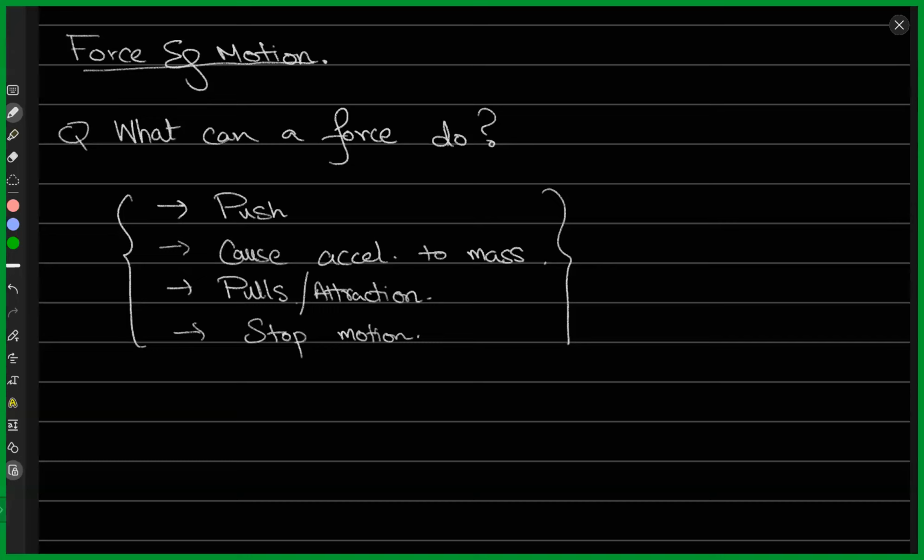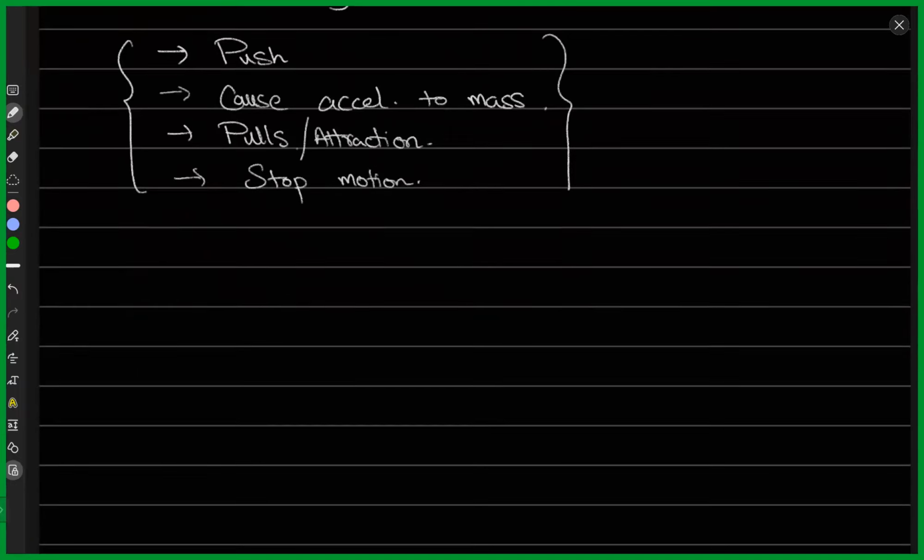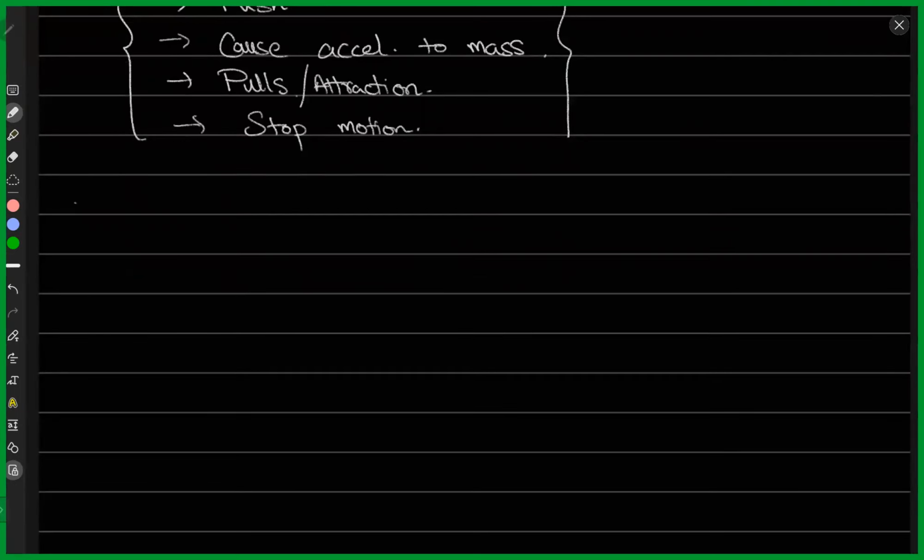But I'll just generalize all these ideas into 4 different statements, right? So for example, suppose a body is at rest, or it is not moving. A force is going to cause that body to move.